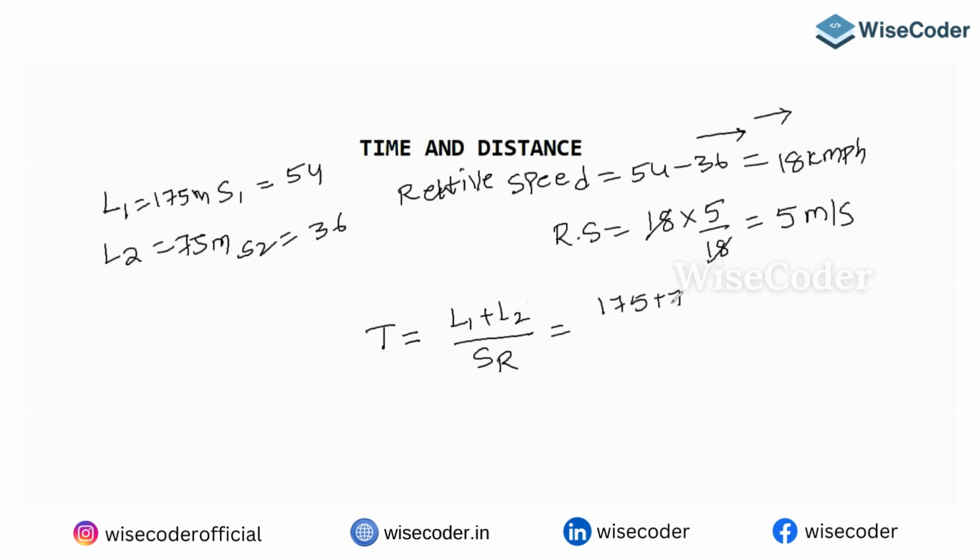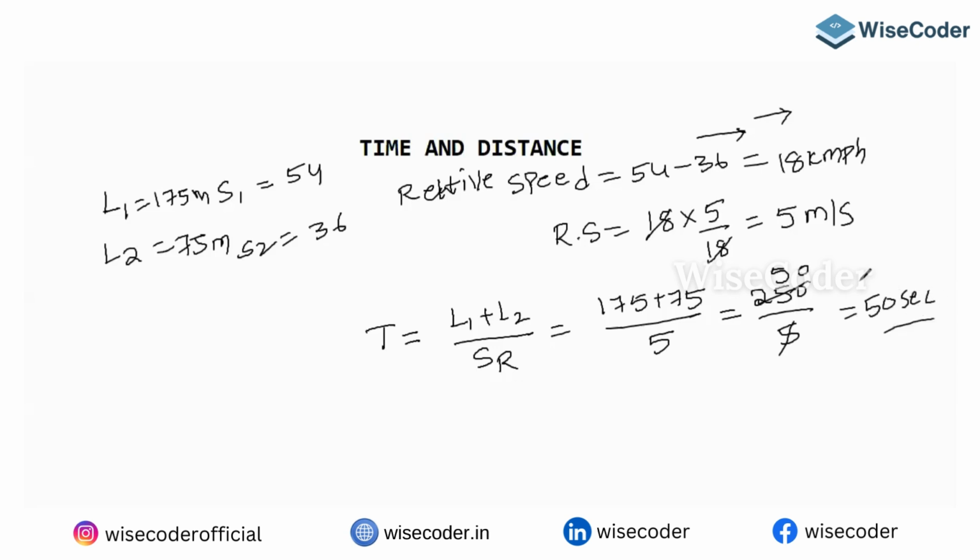So 175 plus 75, divided by 5. 175 plus 75 is 250, divided by 5. 5 times 50 is 250, so that gives you 50 seconds.